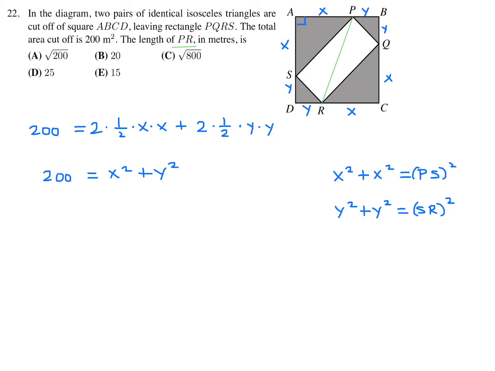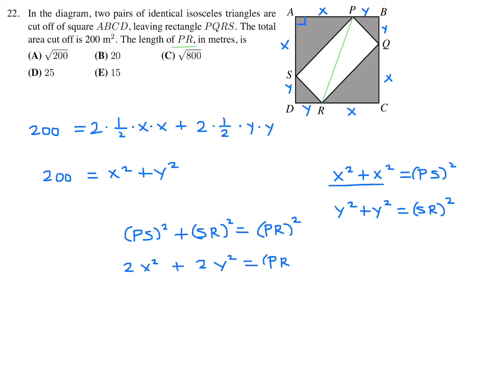Okay, so we got our final Pythagorean relationship, which is PS squared plus SR squared is equal to PR squared. PS we just figured out was 2x squared, and SR we just figured out was 2y squared, equals PR all squared. Factor out a 2 and we get x squared plus y squared.